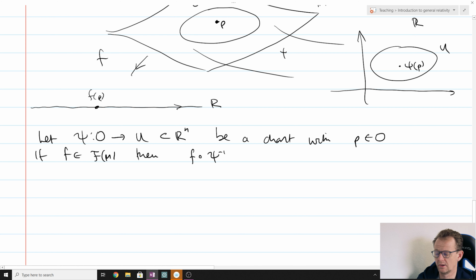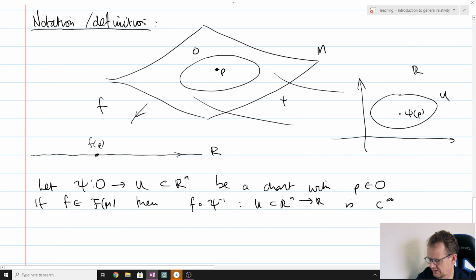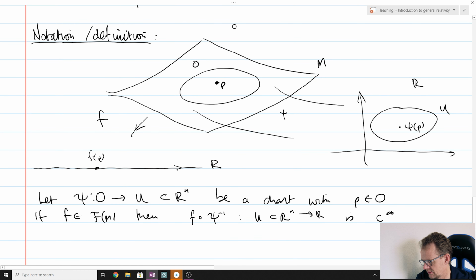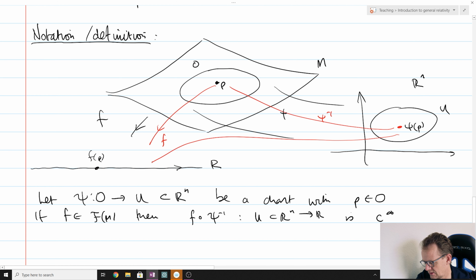You go back from Rn into the manifold, it maps from U inside Rn to R. Well, that's a C infinity function. If you just look at this diagram that I've drawn here, if we're at the point psi of P inside Rn and we go backwards via psi inverse, then we go down here via f, then what we've defined is a function that goes from U to R.